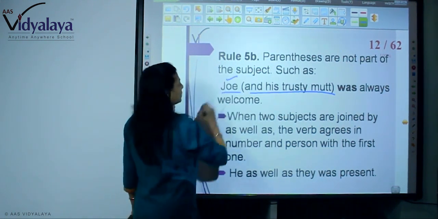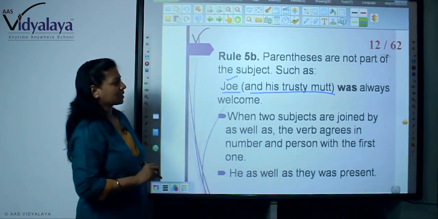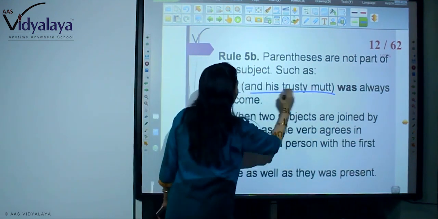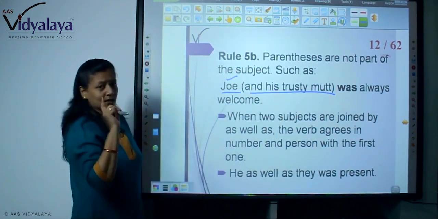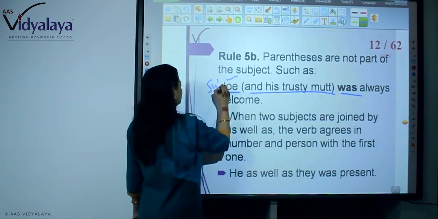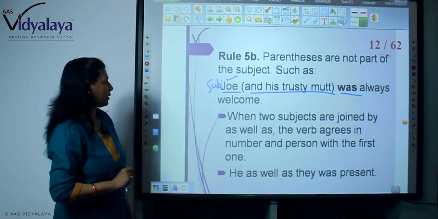We will have to consider only the subject. So here parentheses are not part of the subject, such as Joe. So within the brackets we have written the other things. So the consideration is only the subject Joe, and that is singular. So our verb is also singular.